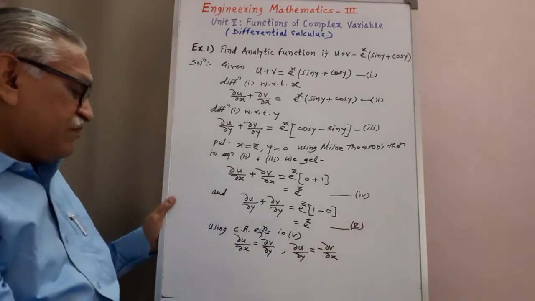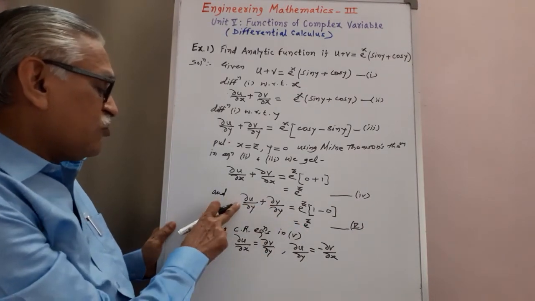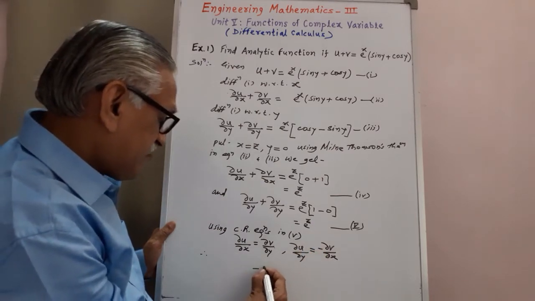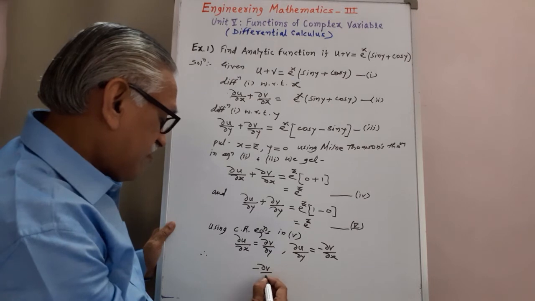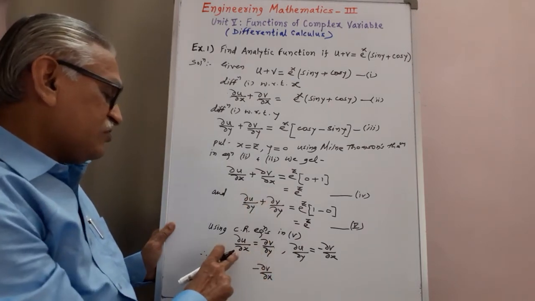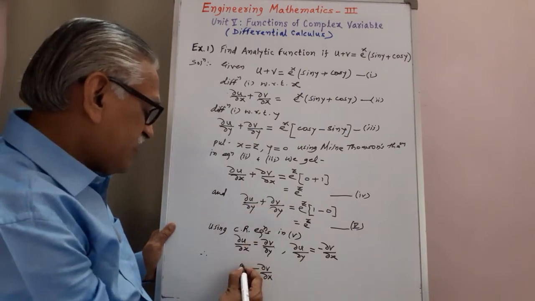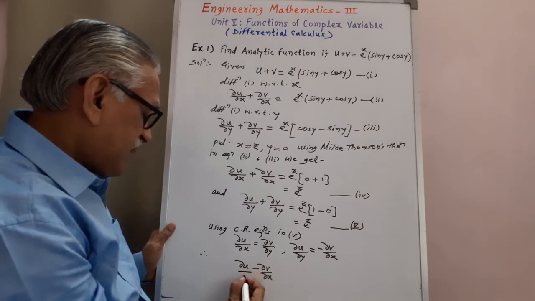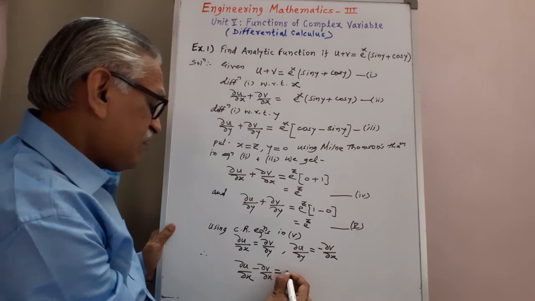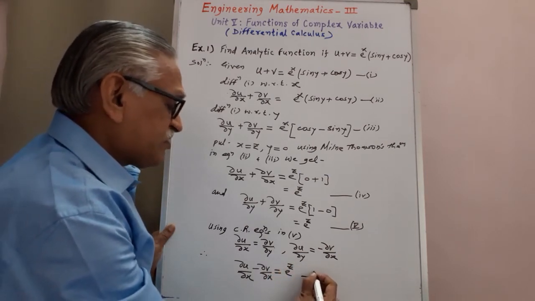In equation 5, dou u by dou y is replaced by minus dou v by dou x, and dou v by dou y is equal to dou u by dou x, and therefore that becomes dou u by dou x is equal to e raised to z, and we call this equation number 6.